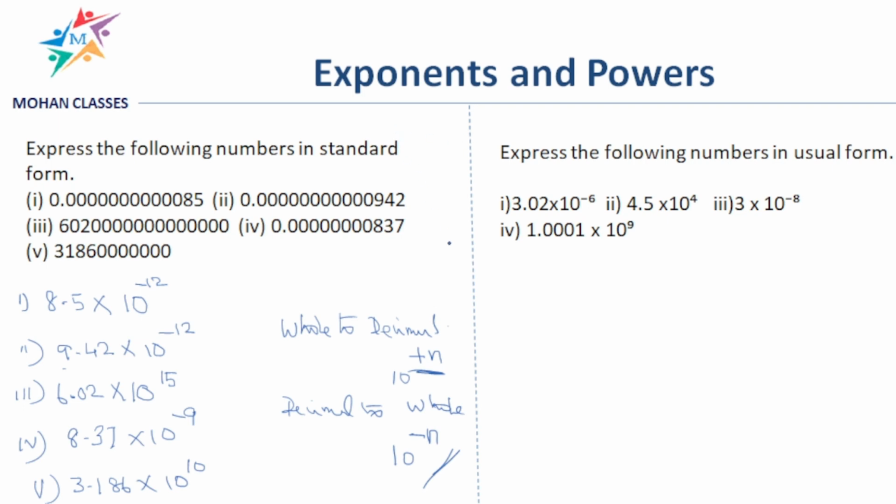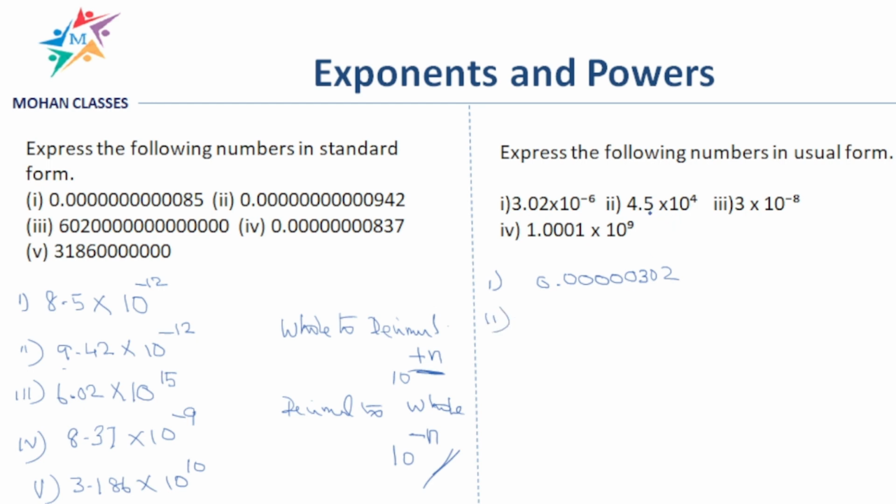So that means how we will write that? 0 point, here 3 is there now, so 5 zeros you have to put 1, 2, 3, 4, 5, 3, 0, 2. Now you see 1, 2, 3, 4, 5, 6. Correct. You can recheck it.